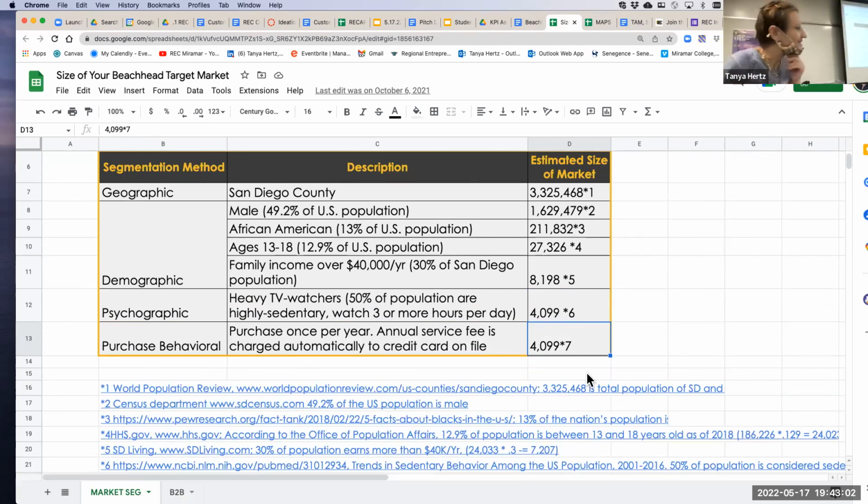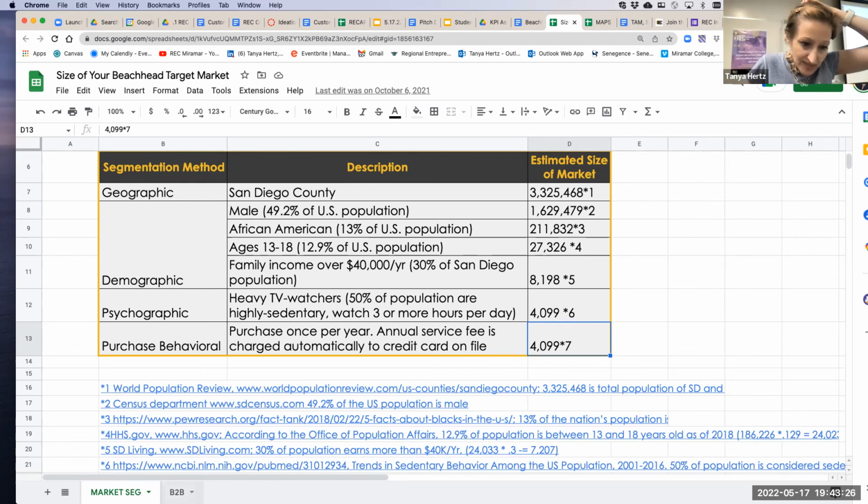You're not going to be exact, but it's a heck of a lot better than just pulling a number out of the air, and I've seen so many entrepreneurs do that. Then it's just wild guesses that mean nothing to the investor, nothing to anyone. But when you can say, this is based on this, and this is how I got the number, then you have credibility and people believe you.